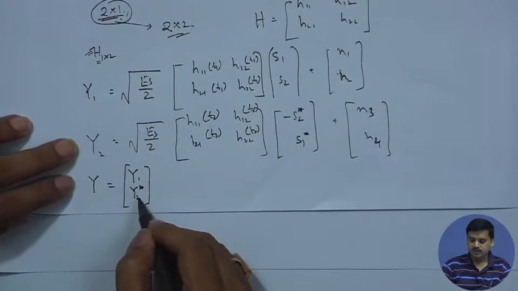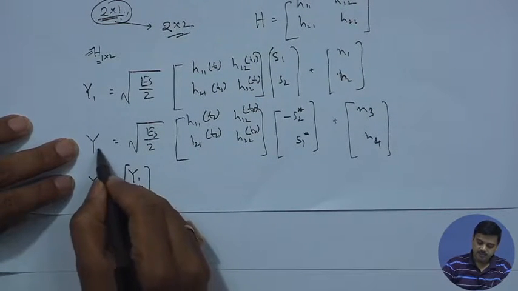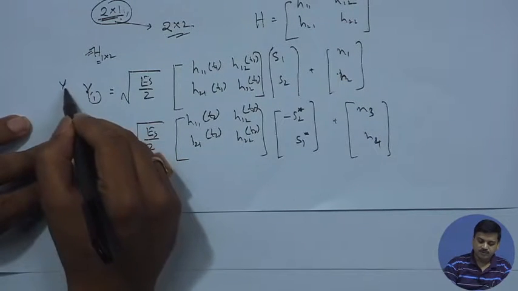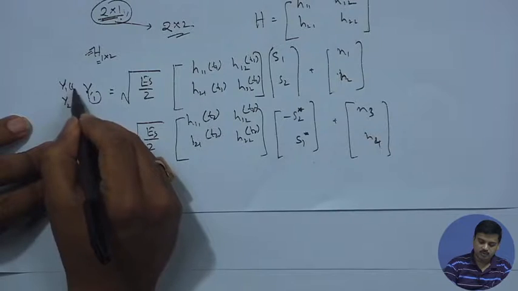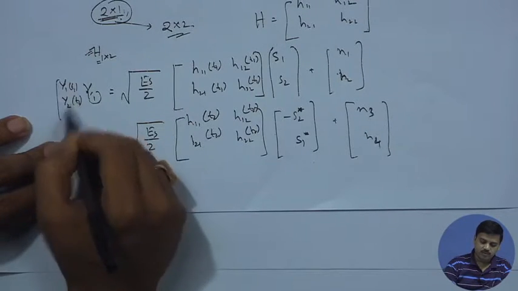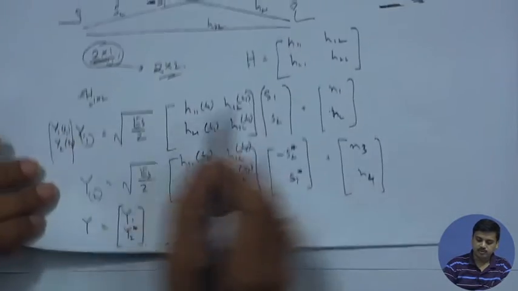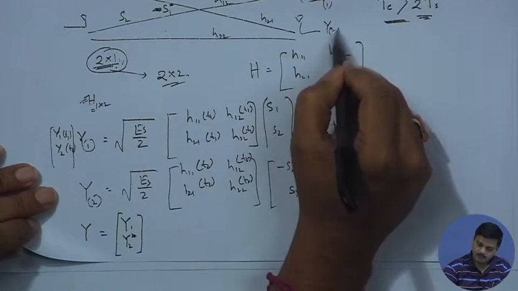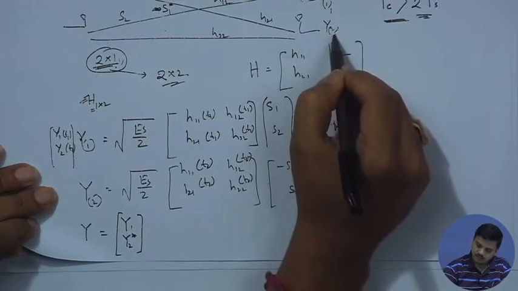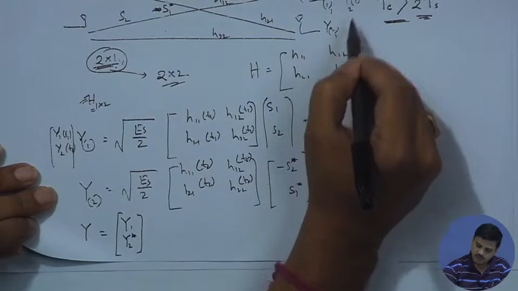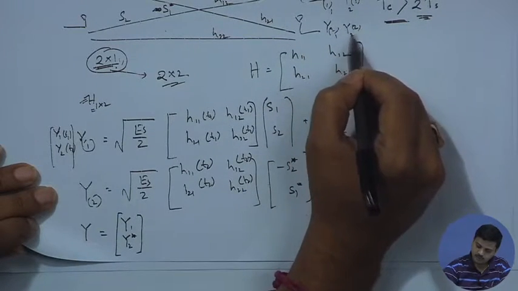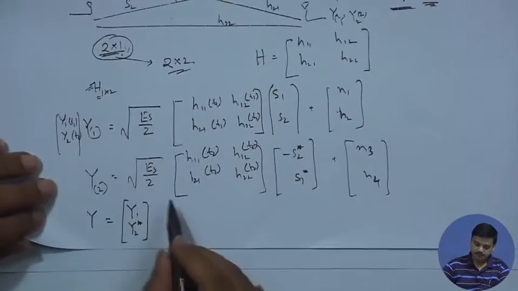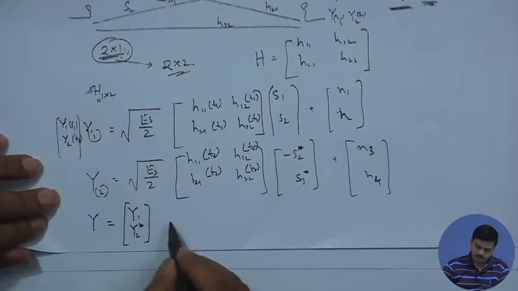This is indicating time instant 2, and this is indicating time instant 1, but the 2 entries of it, that means Y1 and Y2, are basically the inputs at the 2 antennas: Y1, Y2 at time 1, and again Y1, Y2 at time 2. So that is how the overall expression is. This is what we need to construct.